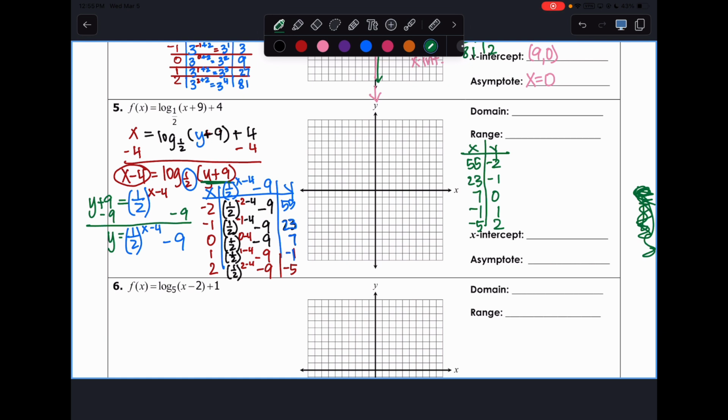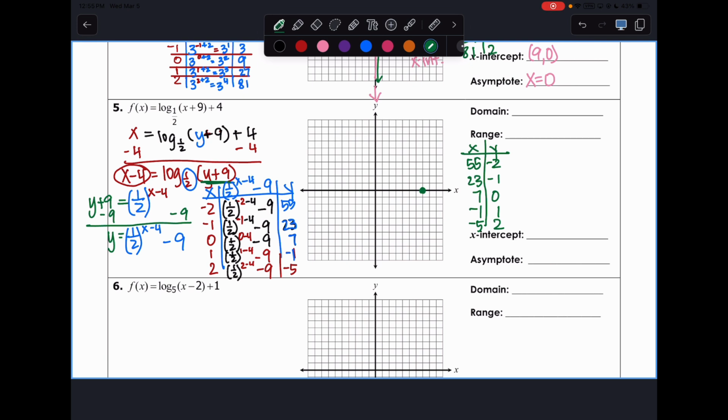So I'm not going to graph that. Negative 23, negative 1 is going to be somewhere here, even less than that one. So I'm not going to graph those. 7, 0, I can graph that one. And then it should slowly be moving upward as we approach negative infinity for x, okay?